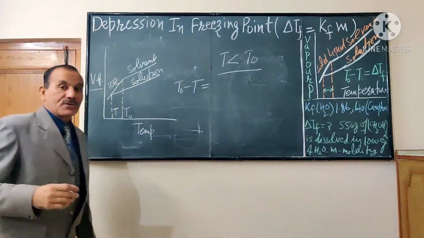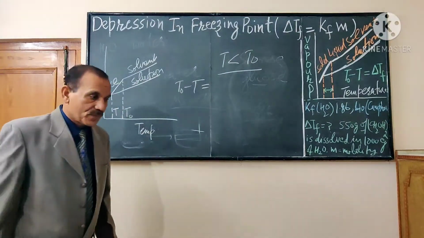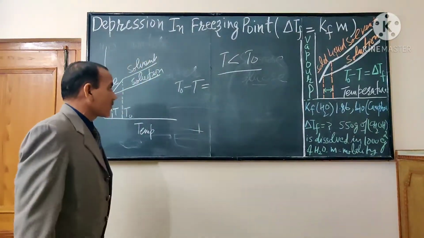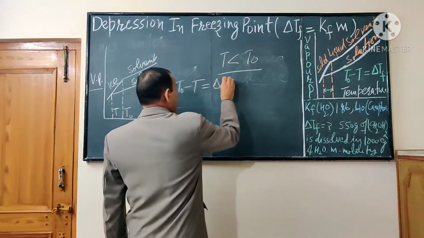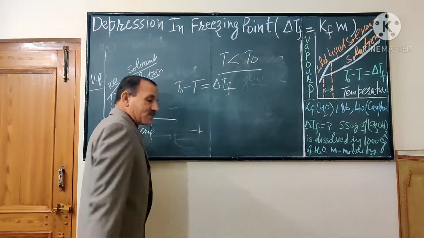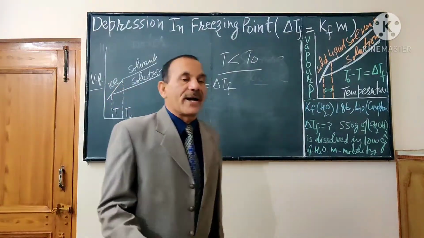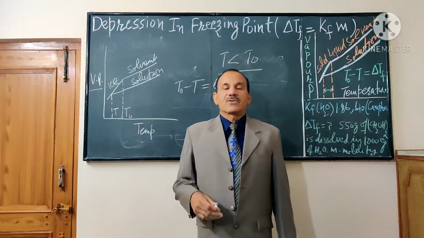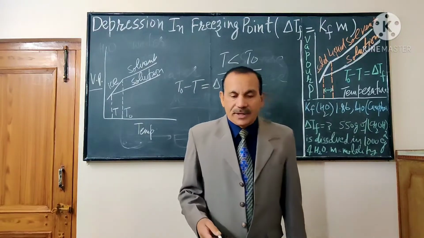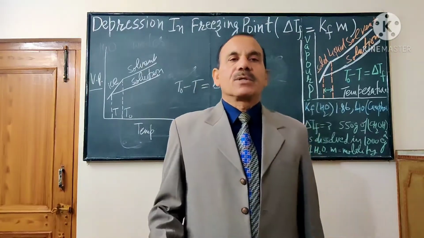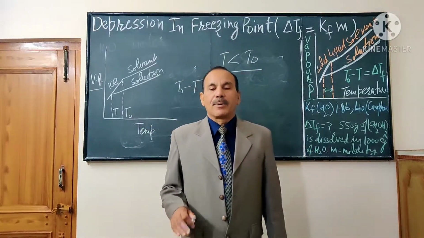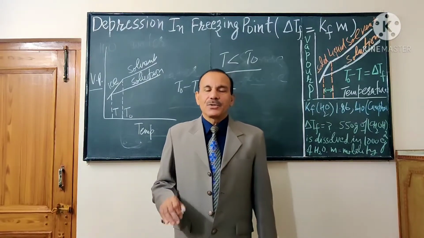The freezing point of solution is always less. ΔTf is known as the depression or decrease in freezing point of the solvent or liquid when some non-volatile compound is added to it.